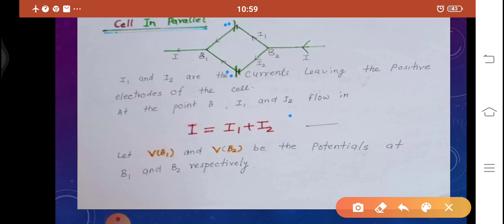Now when these two cells are connected, the potential difference between points B1 and B2 will be V, and the same potential difference will be here also, because in parallel combination the potential is the same.